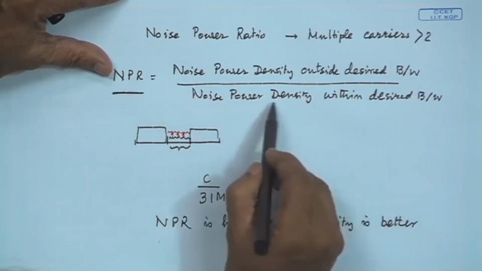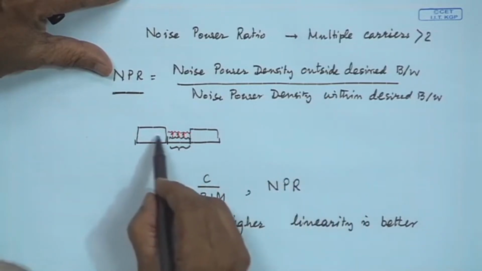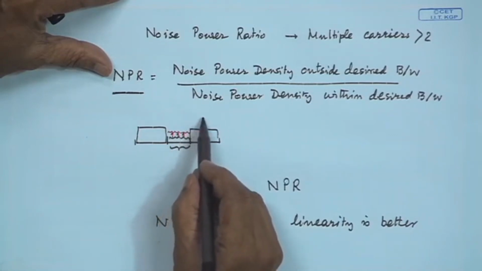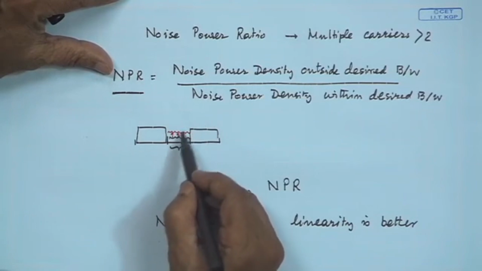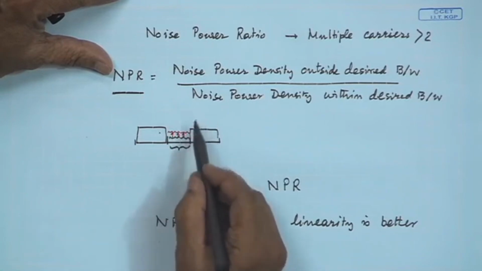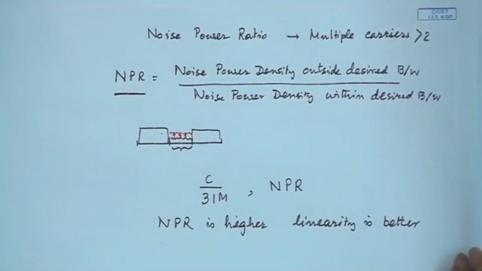So, noise power density within the desired band becomes low when the intermodulation of others are not falling here. That means system is operating in most of them are in linear region. Nonlinearity can generate the intermod. So, there is no nonlinearity or less nonlinearity. So, it is much better, linearity is much better. This much is enough for the definition.